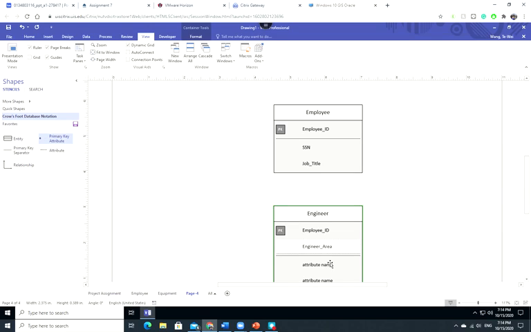Maybe that's a mechanical engineer, maybe an electronic engineer, maybe a civil engineer, maybe a computer engineer. You don't know, right? So there's an engineering area, and there is an ID-dependent relationship among them.